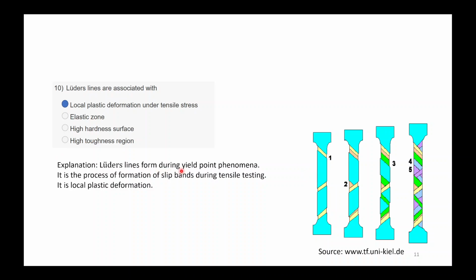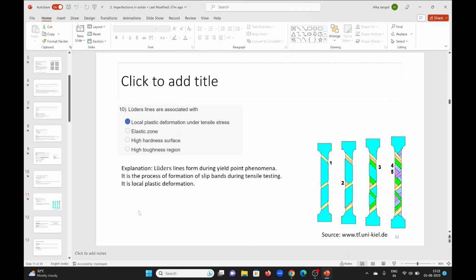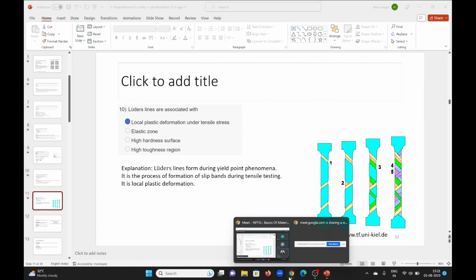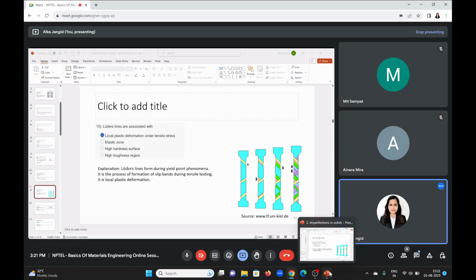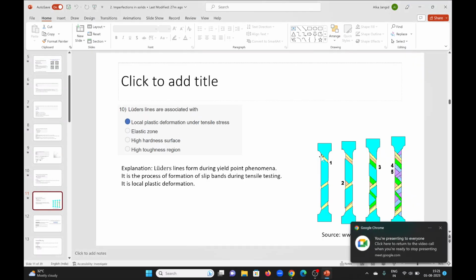These lines form during yield point phenomena, and it is a process of formation of slip bands during tensile testing, which is local plastic deformation. So these are the bands that will be forming.